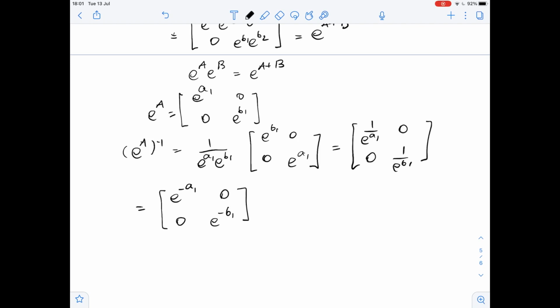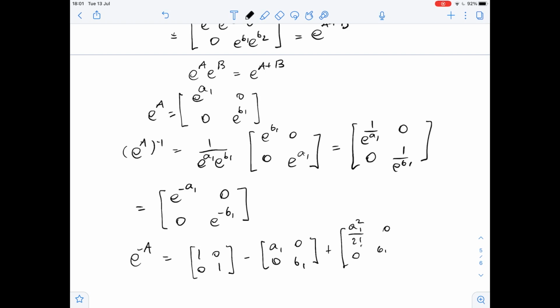So now let's look at e to the power of negative A, which equals identity matrix minus A1, 0, 0, B1, plus A1 squared over 2 factorial, 0, 0, B1 squared over 2 factorial, minus, and so on.